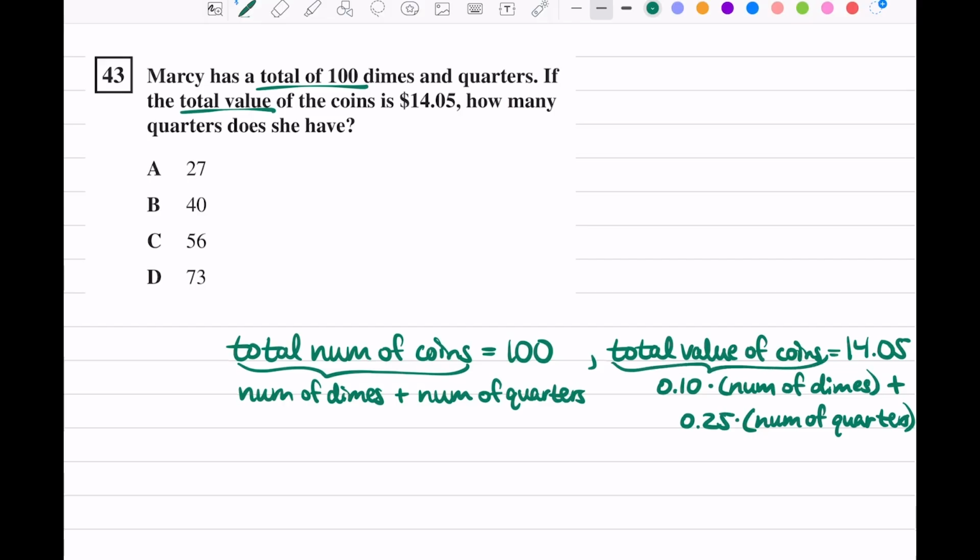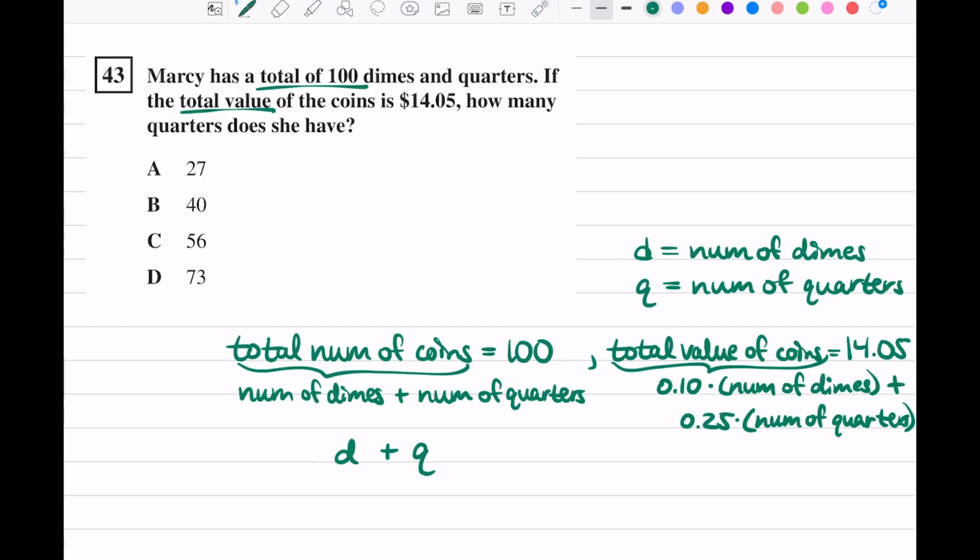You might notice that we've created two equations that have the number of dimes and the number of quarters in them. We could represent each of these with a variable. So let's say D is the number of dimes, and Q is the number of quarters. Then our first equation would say our number of dimes, D, plus our number of quarters, Q, equals 100.